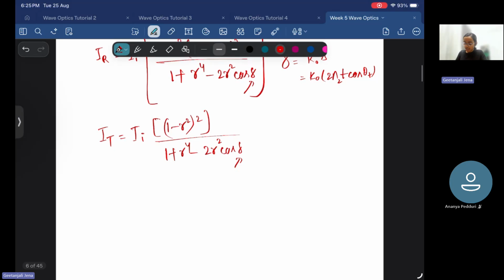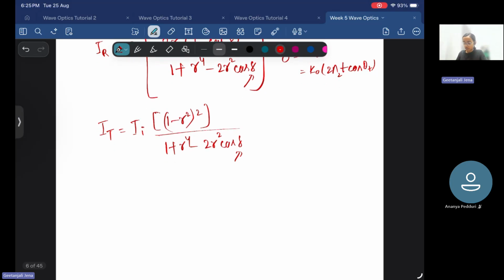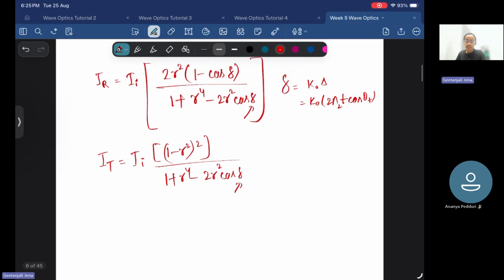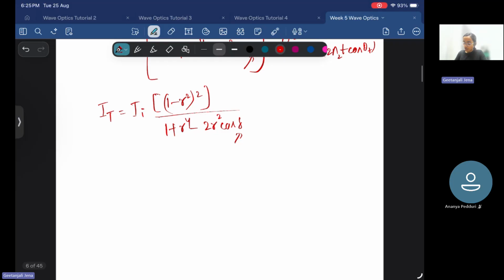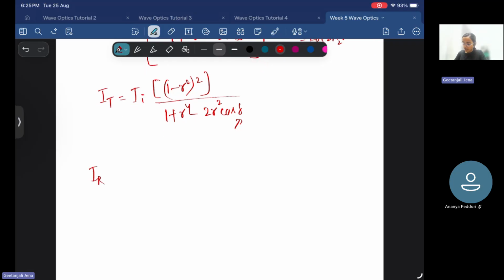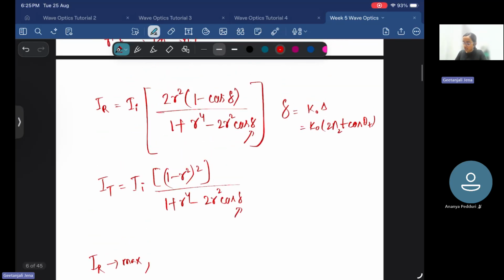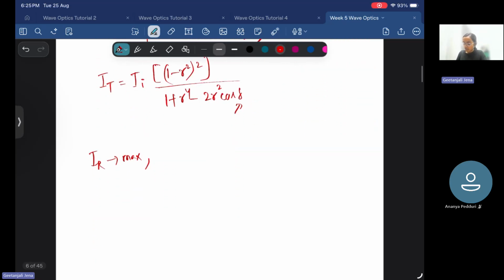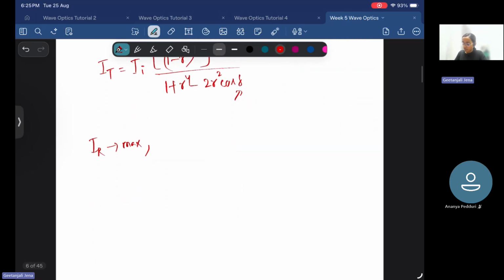So that means, let's say if you want to have the maximum of light getting reflected back, for this we need to have I_R maximum. And this will be maximum when cos of delta is -1, then the reflected light will be maximum.